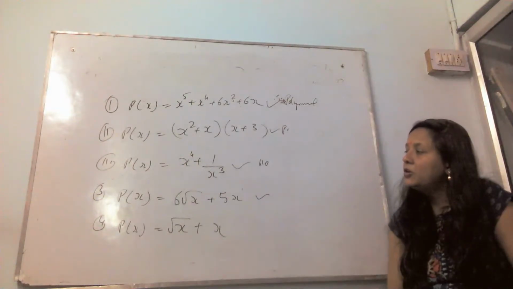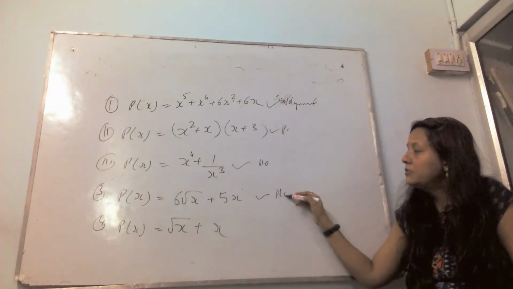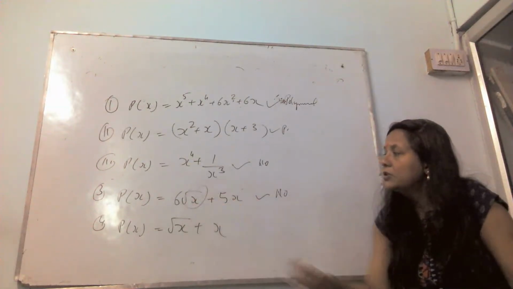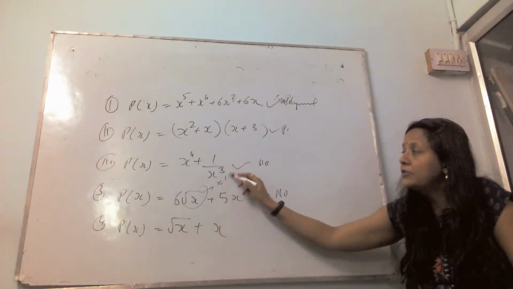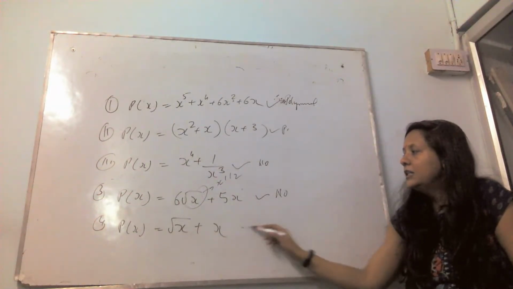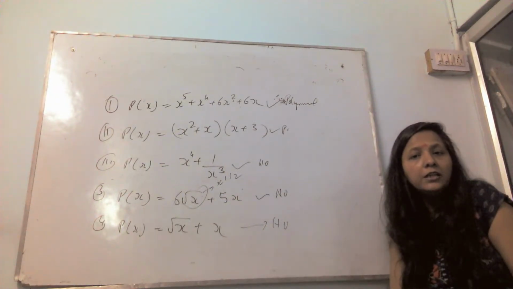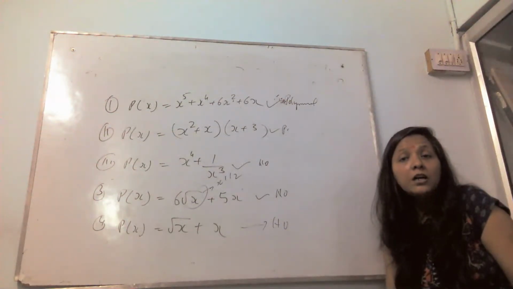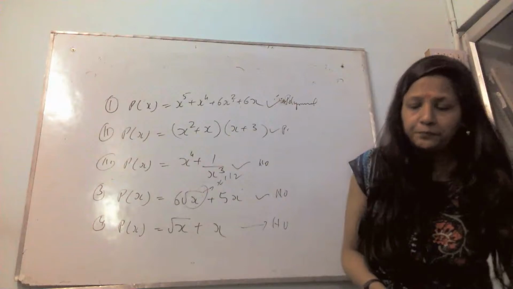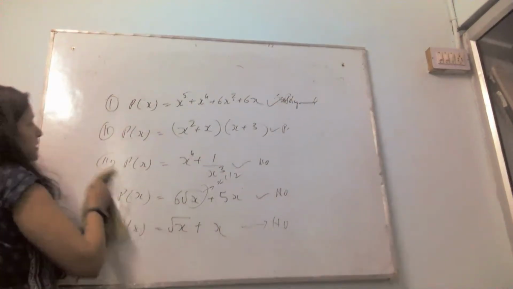Is the next one a polynomial? No, it is not a polynomial. Why? Because the power of root x is half. It is not a polynomial. Is the last one a polynomial? No, it is not a polynomial. Again, that is how we find out what is a polynomial and what is not a polynomial. We go for the next concept.